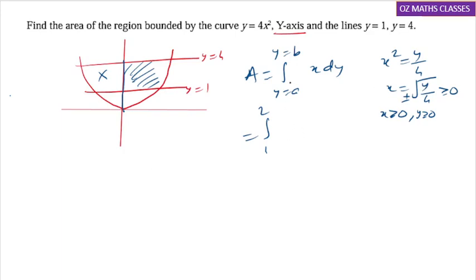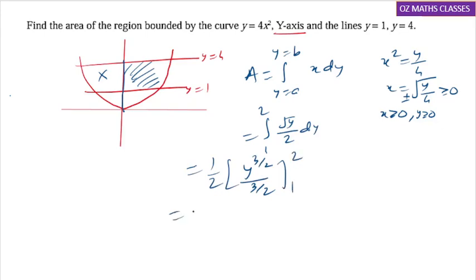Now what will be x? Root y by 2 dy. So 1 by 2, y to the power 3 by 2 divided by 3 by 2, and the limit 1 to 2.